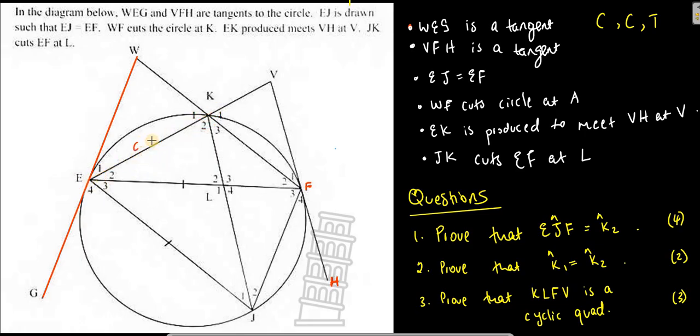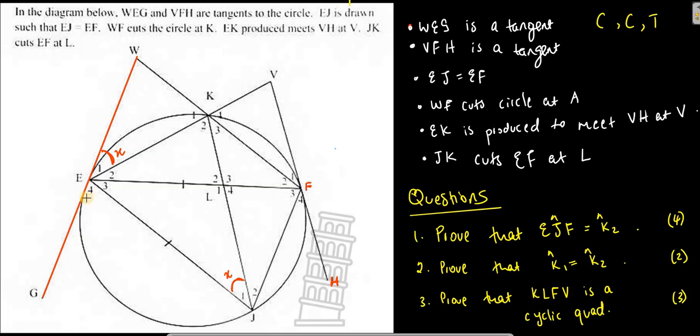So because it's a chord and then this thing is a tangent, there is a theorem that talks about tan chord. Okay, so the angle between those is gonna be equal to this one, right? So I like to use variables, so I'll call this one X, then I'll also call this one X there.